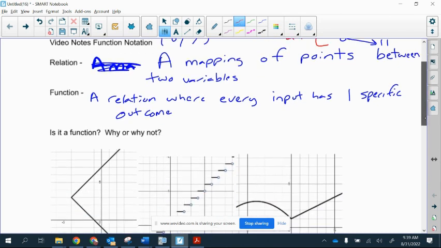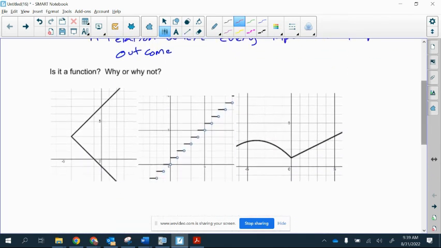Now, if we look at these relations here, they're all mapping sets of points. For example, this here maps the point 1 to 8. So when there's an input of 1, there's an outcome of 8. There's infinitely many points plotted here, so there's infinitely many points in this relation.